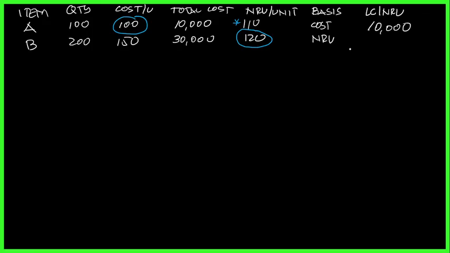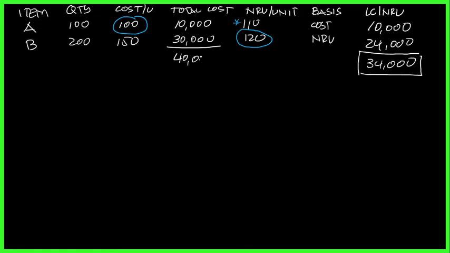And 120 times 200, that will now be 24,000 for a total of 34,000 pesos. This is now the value of your inventory. Okay, so when you compare, here the value is 40,000. So you have to make an adjustment.